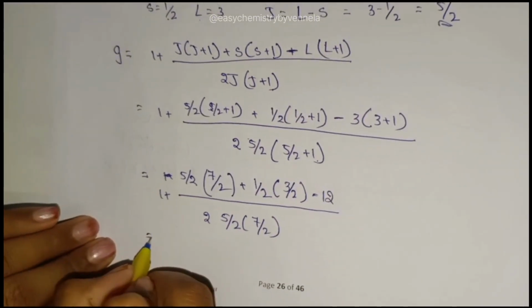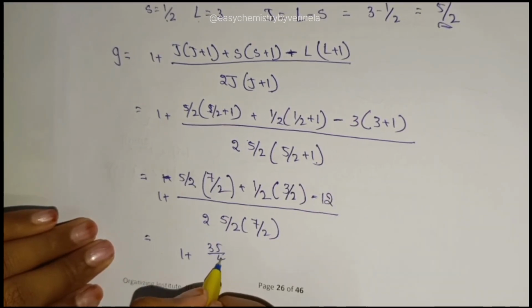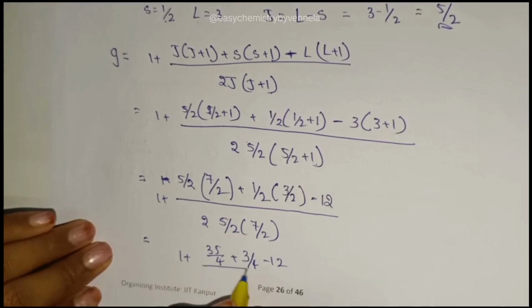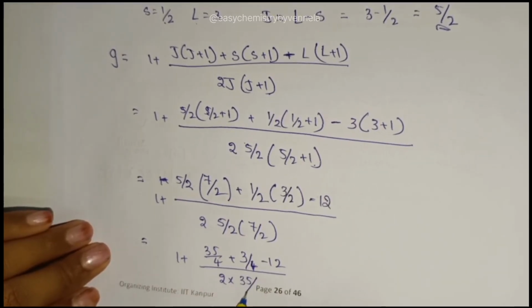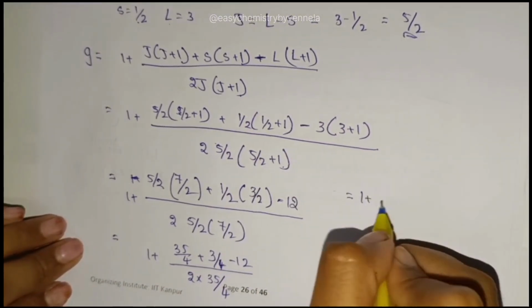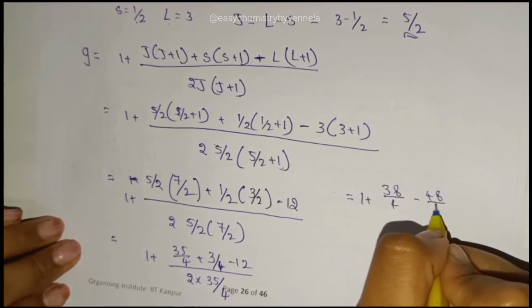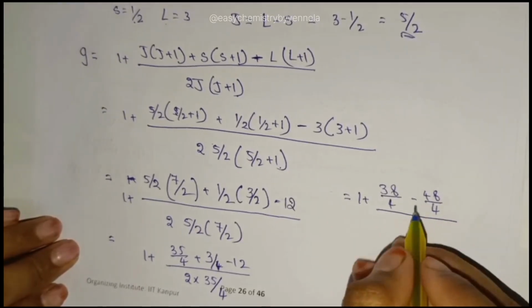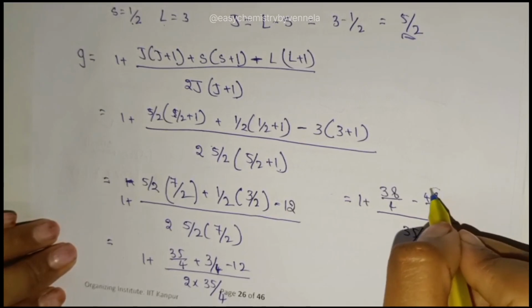So next, 1 plus 35 by 4 plus 3 by 4 minus 12 by 2 into 35 by 4. Next, 1 plus 38 by 4 minus 48 by 4. 12 we can write like this.